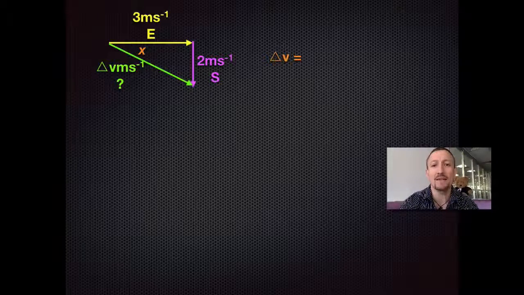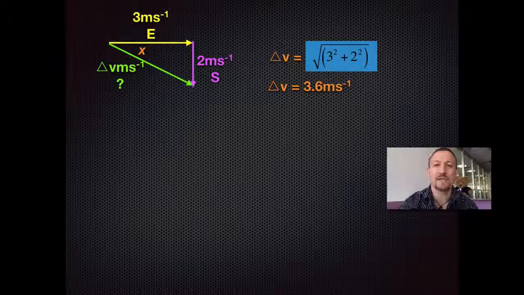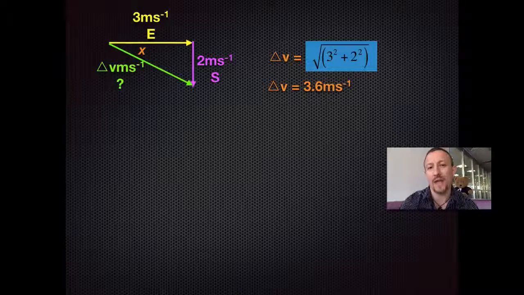So to calculate delta V, that change in velocity's magnitude, I've got to use Pythagoras, and basically it's the square root of 3 squared plus 2 squared. This comes out at 3.6 meters per second. So that's the magnitude of the change in velocity.